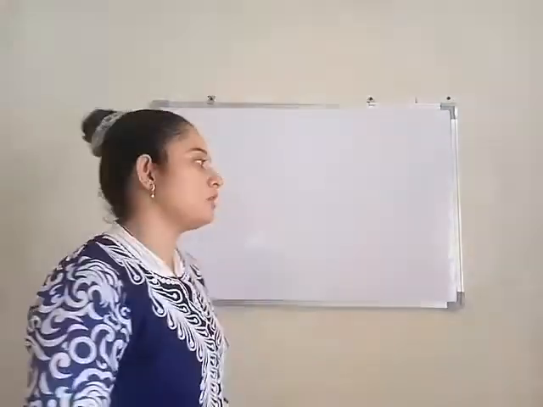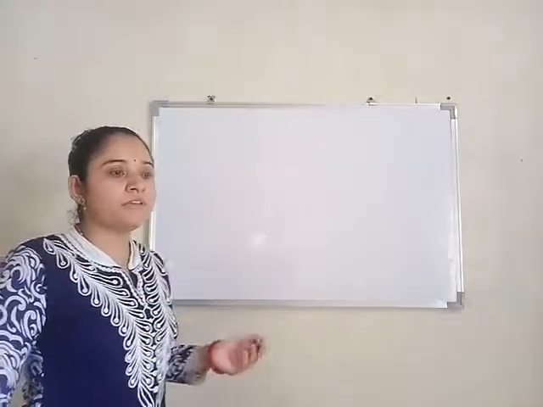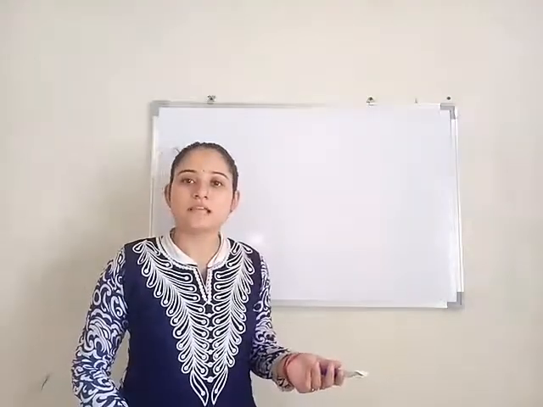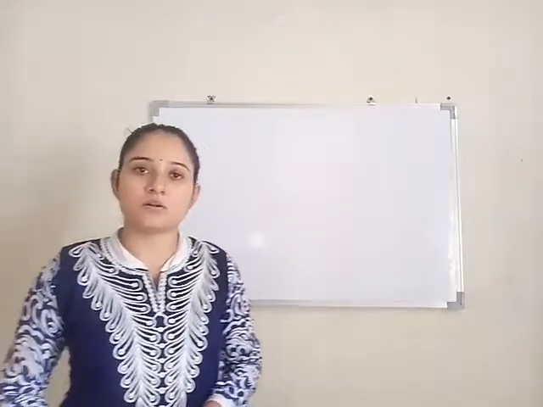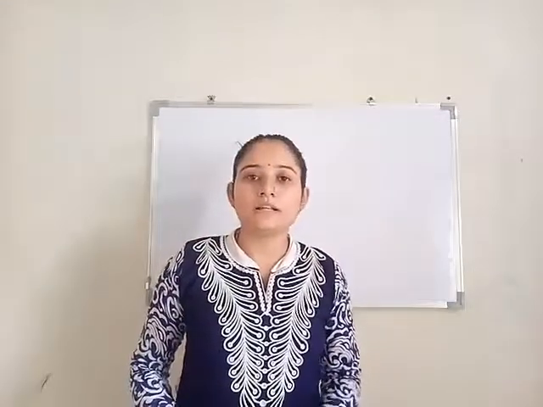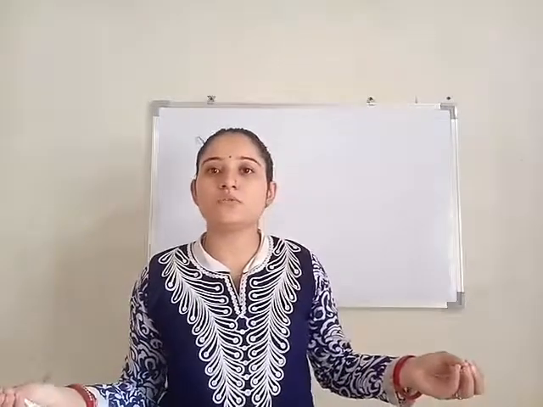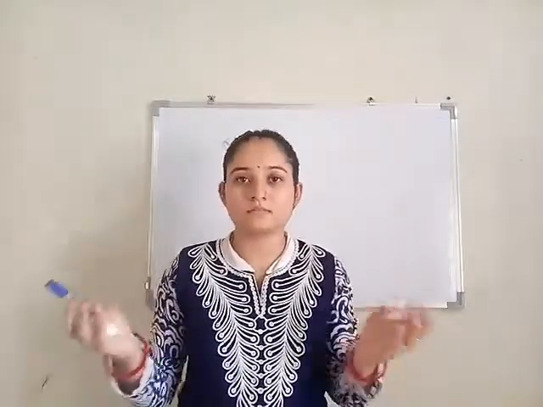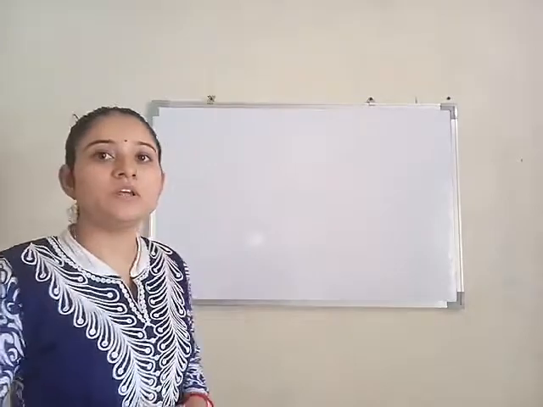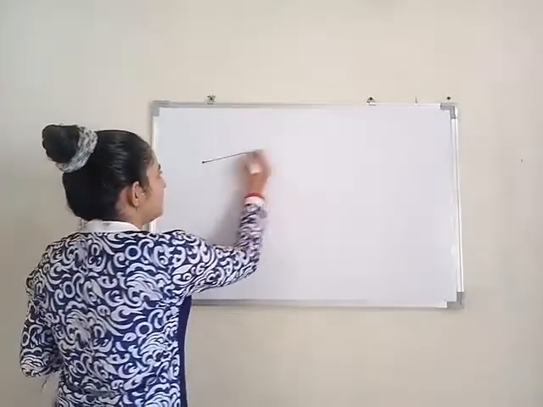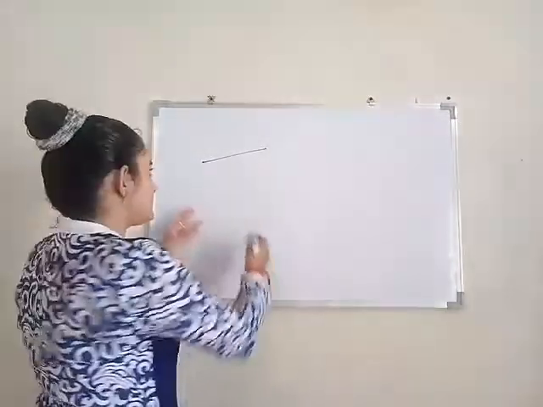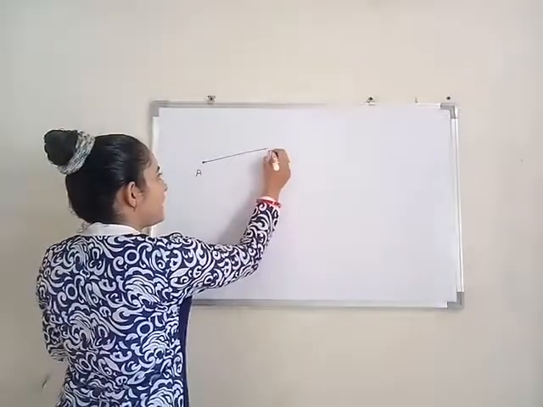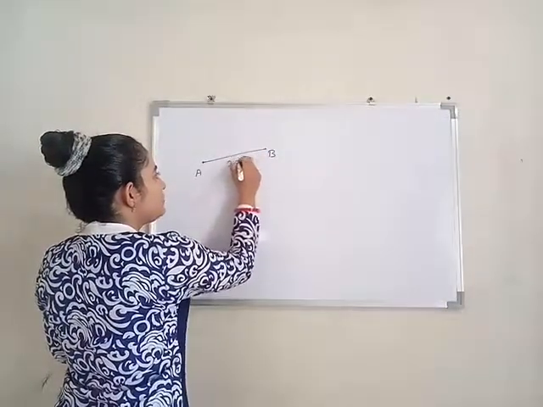So first of all, let us look at examples of scalar quantities. Which quantities can be termed as scalar quantities? For example, the distance between 2 points. For example, the distance between point A and point B is 2 meters.